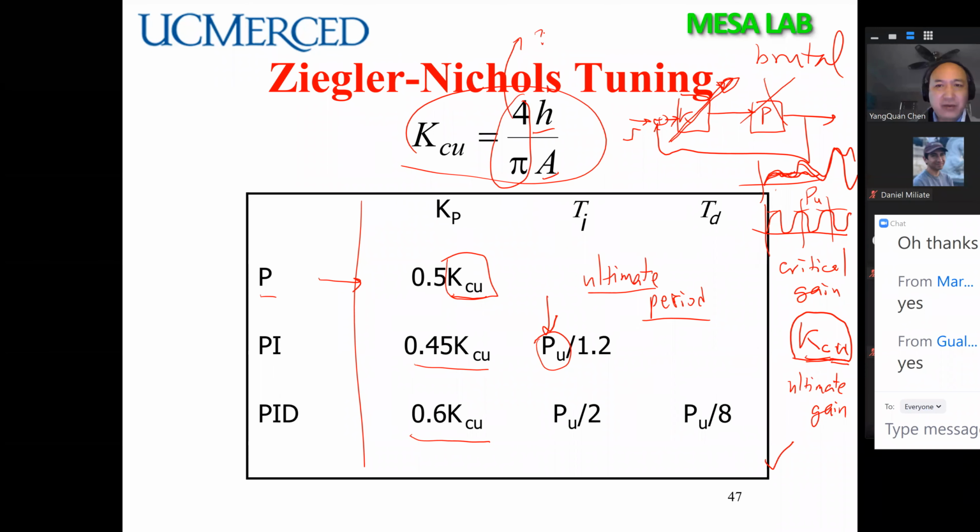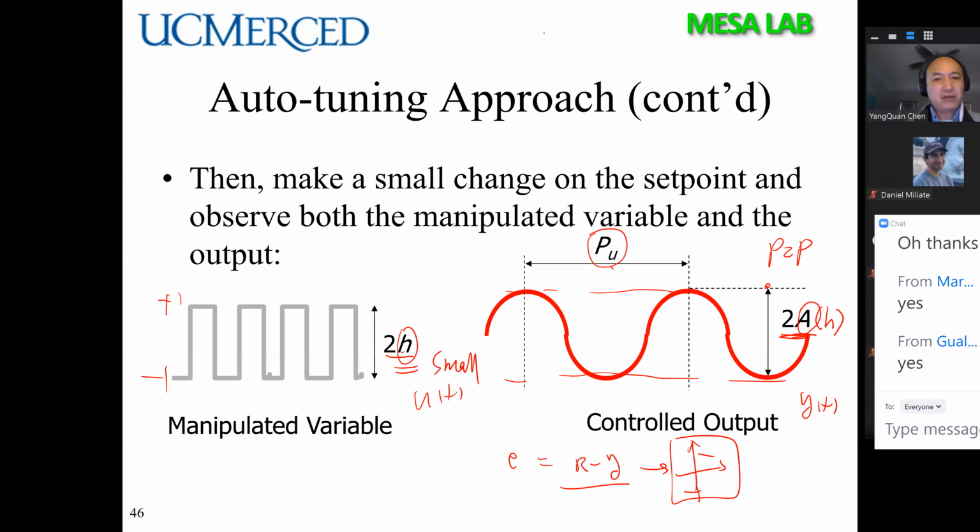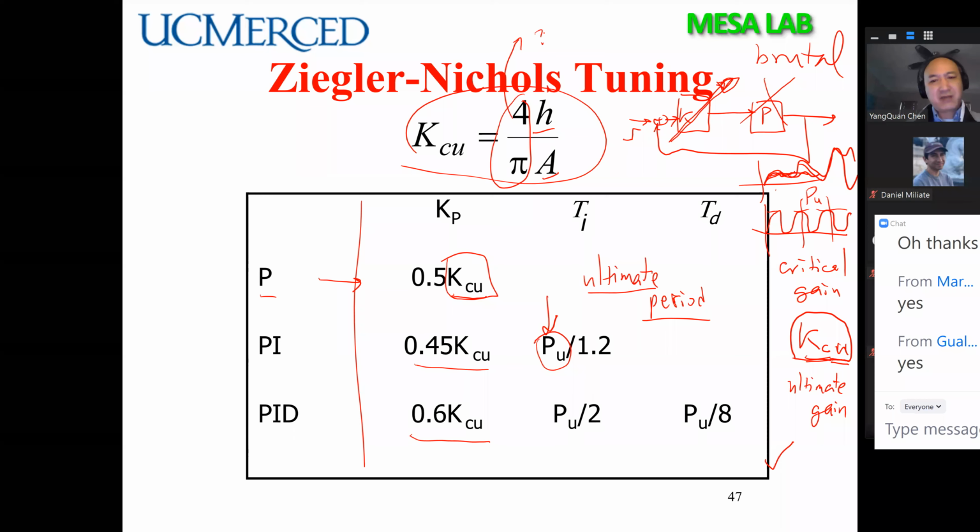So today, we visited the two Ziegler-Nichols tuning methods, the table. One is for the reaction curve, another one is for the relay experiment. Do a relay experiment, and you will get these parameters. But this table is the same table as when we push the system to the ultimate oscillation.